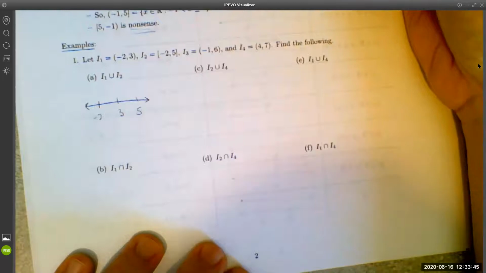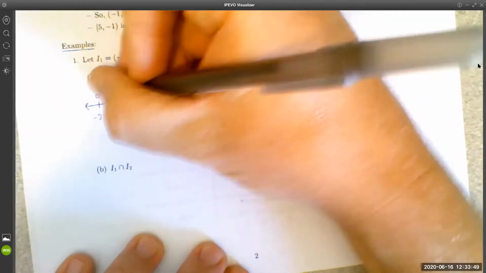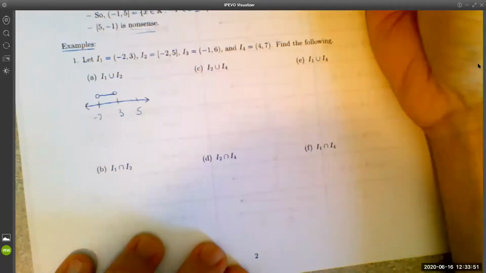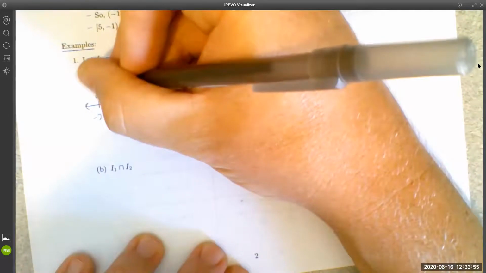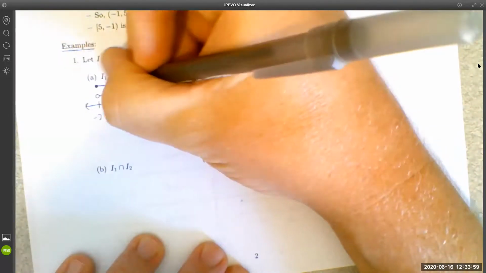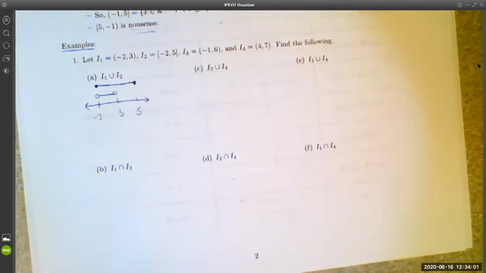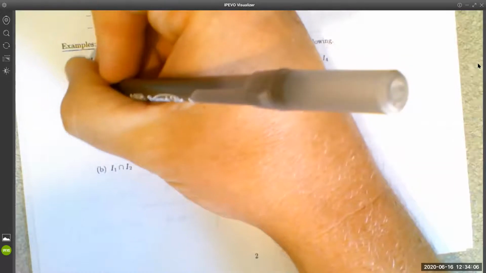I1 is going to be from -2 to 3, open circles in both places. I2 is going to be -2 to 5, closed circles in both places. So this is the picture that we're looking at for I1 and I2.